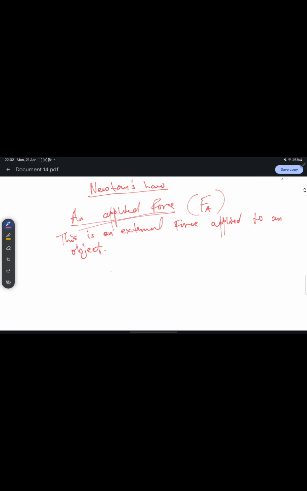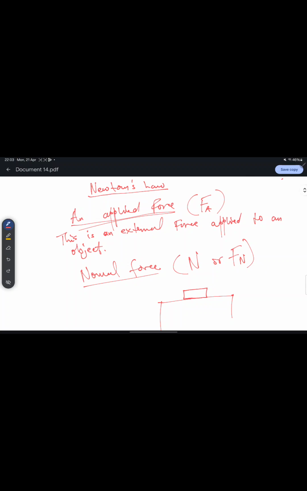Then we'll talk about the normal force. The most crucial force is the normal force. This is denoted with capital letter N, or force normal. Either you write it like this or that. What is a normal force? Let's consider I am having an object on top of my table. This is my book.